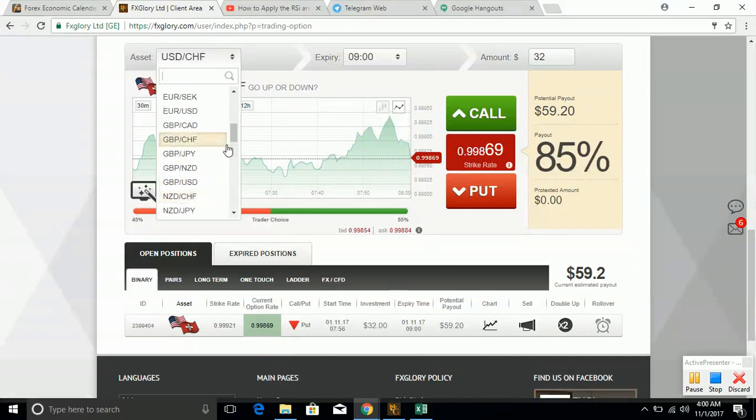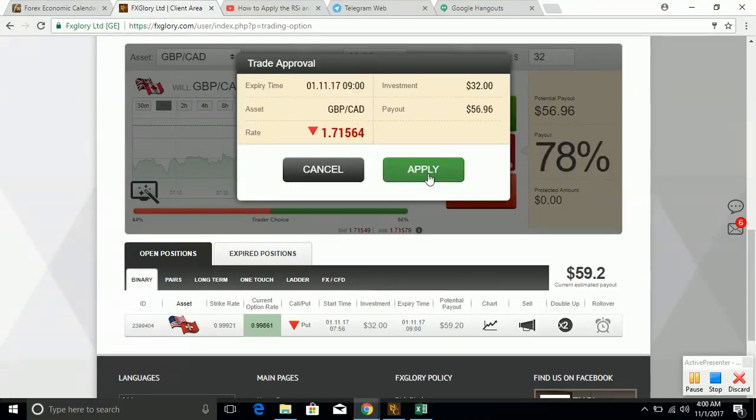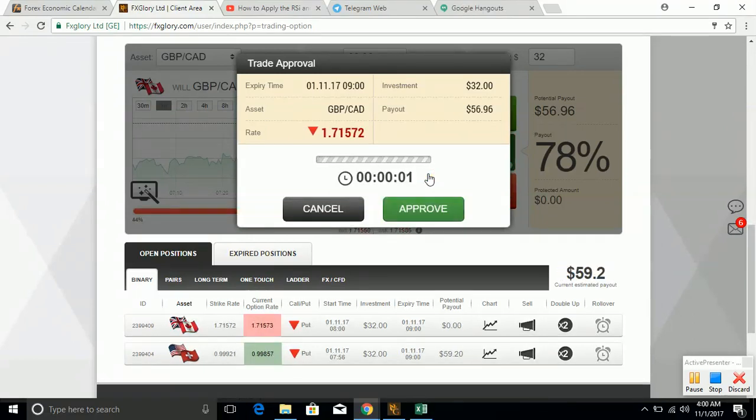Now let's go back to the pound CAD. Let's take another one here for 32. We're going to use that one for 9 o'clock as well.